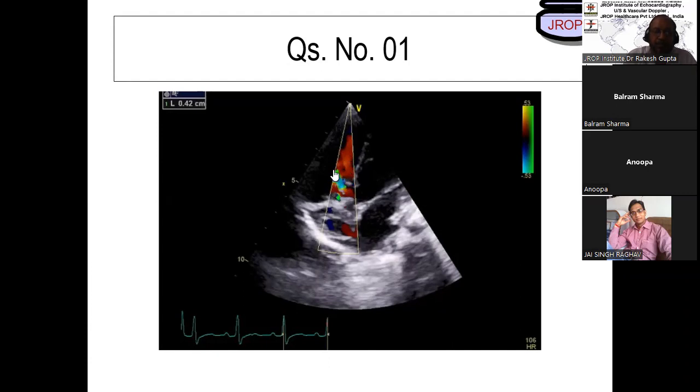So this is a perfect reason why we say this is a VSD in a static slide, because whenever there's a hole, the blood will try to have an increased flow velocity across that particular hole. So Balram, perfect answer. I'll give you 4 out of 4. That's the first question goes to you. We'll come back again, Balram. We have a lot of time today. Thank you.